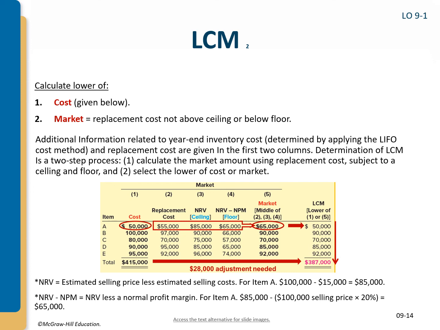So we calculate the ceiling to be $85,000 and the floor to be $65,000. So the market can't be more than 85, but it can't be below 65. Our replacement cost is $55,000. That's what we compare. We put the replacement cost. Where does that fall? It falls below floor. So our market value will be the $65,000 market.